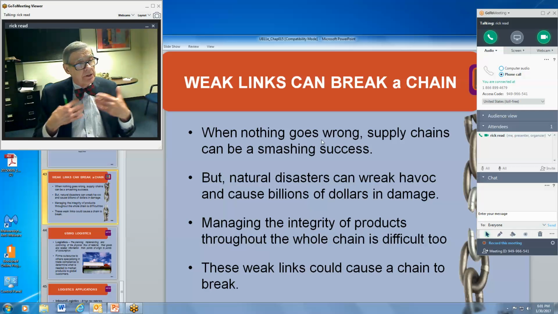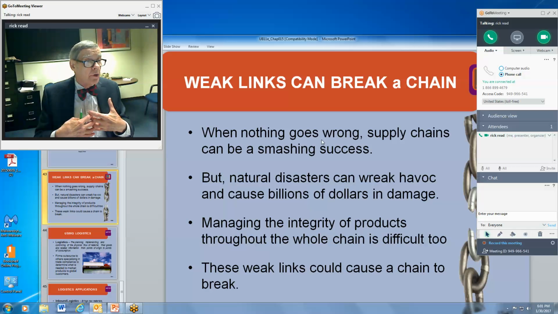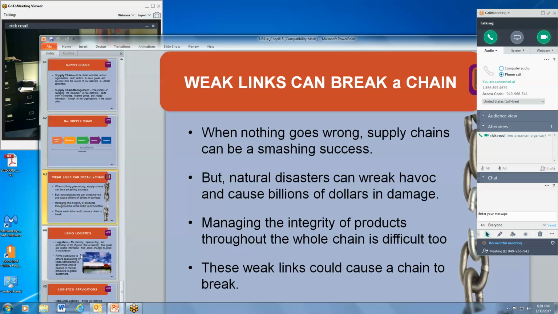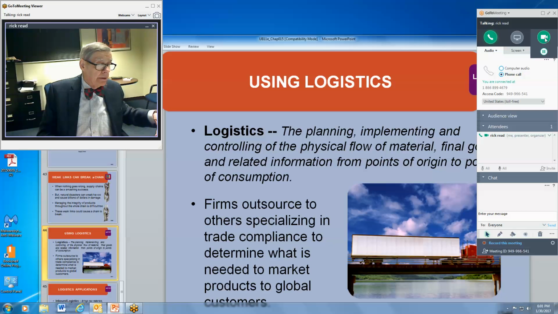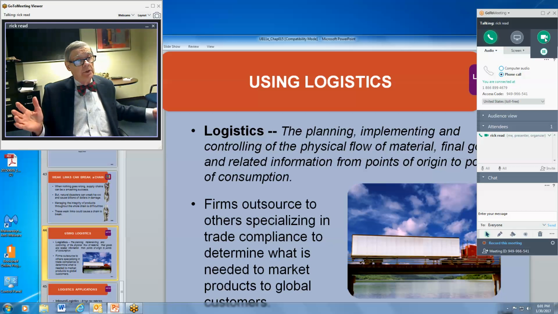So obviously this talks about weak links. Any chain is only as strong as its weakest link, as we all well know. Something that people in the distribution and in the management of the supply chain must be aware of. So we move goods through a system we call logistics, and logistics is more than just the movement.